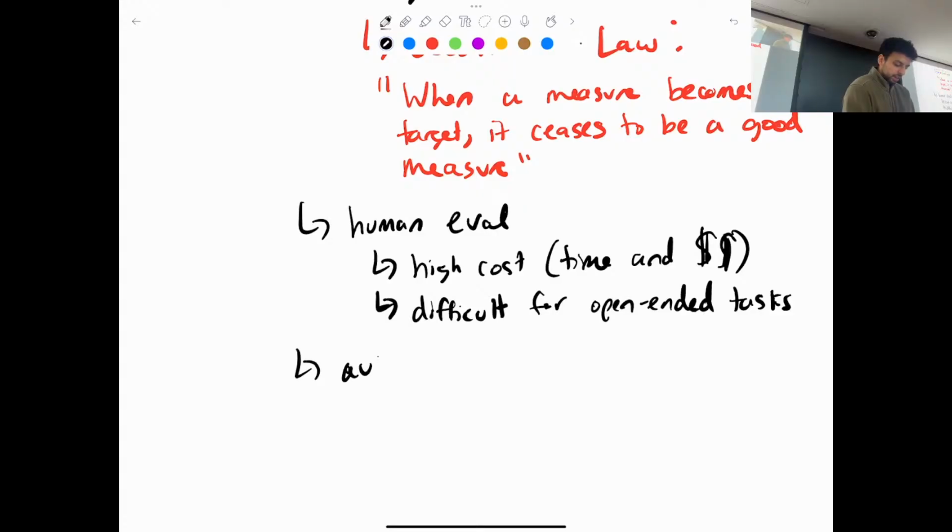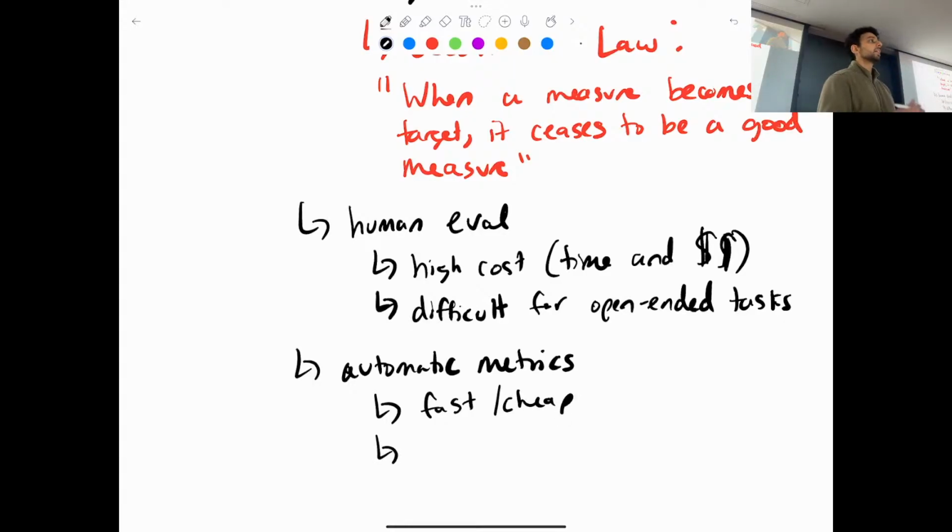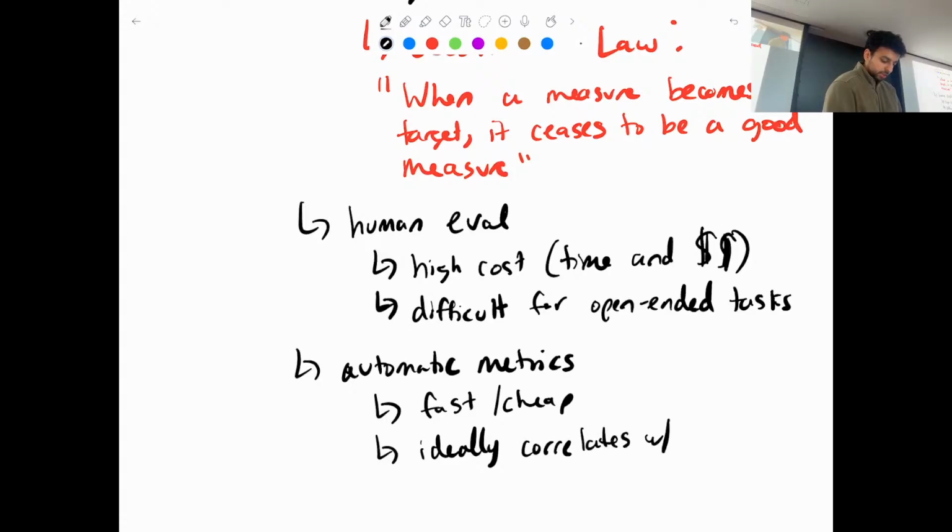Versus automatic metrics, which are ideally fast and cheap, and for any task for which you want to use one of these, ideally correlates with human judgments.